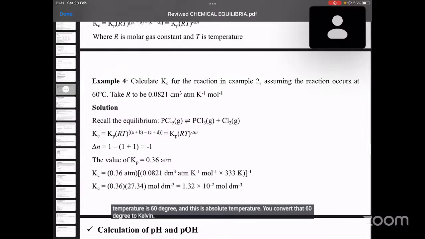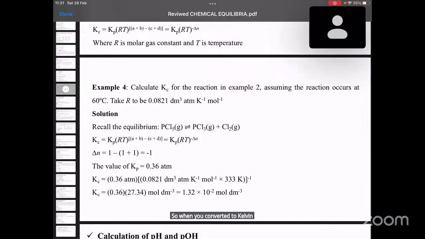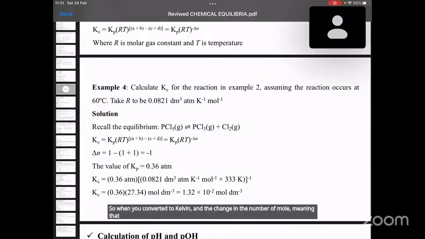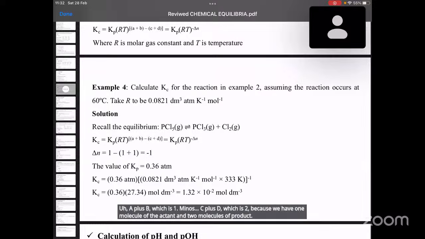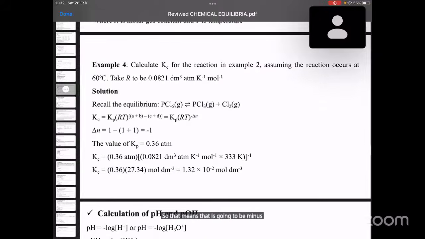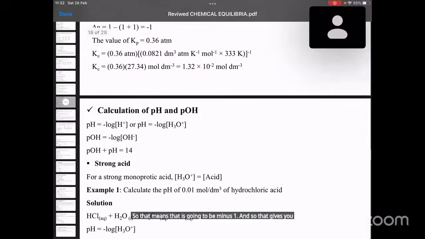The change in the number of moles is A plus B, which is 1, minus C plus D, which is 2, because you have 1 molecule of reactant and 2 molecules of product. So that is -1, and that gives you your Kc.